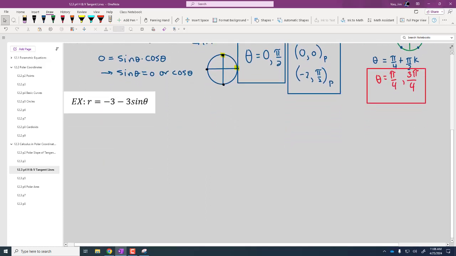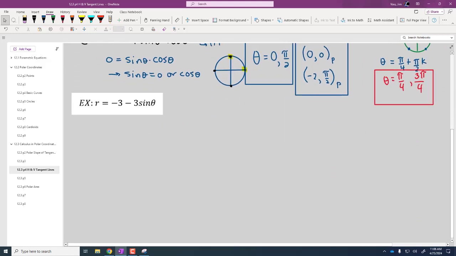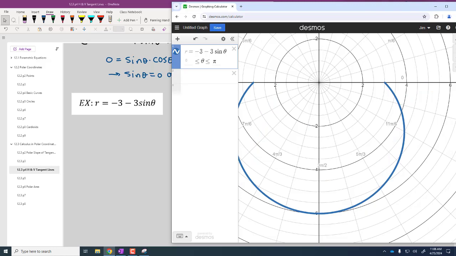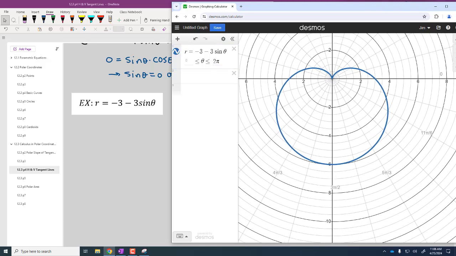Okay, now let's do a hard one. That was easy. So, we'll see. That's a cardioid, right, because the magnitudes of the coefficients are matching. So, this cardioid, we need to go all the way around from 0 to 2 pi to get the full cardioid.